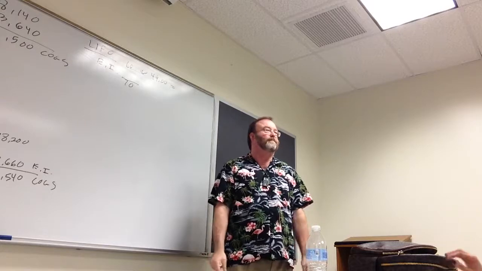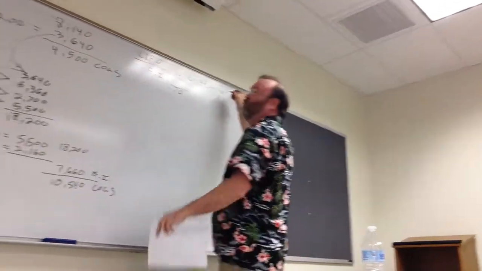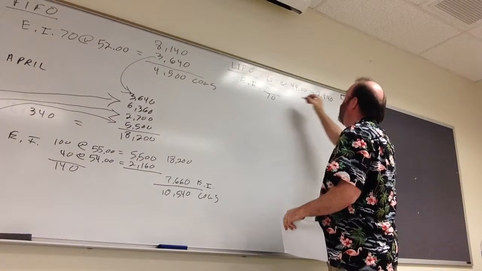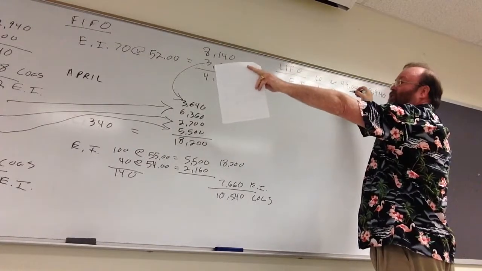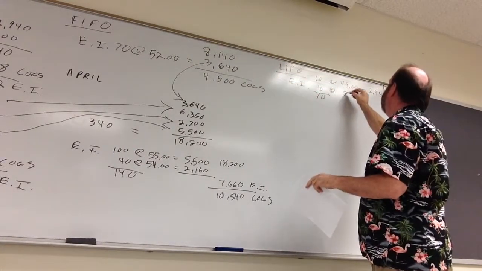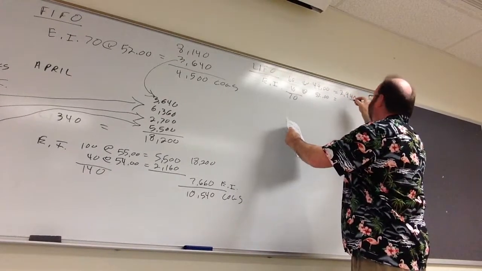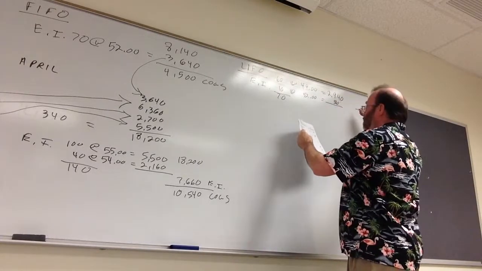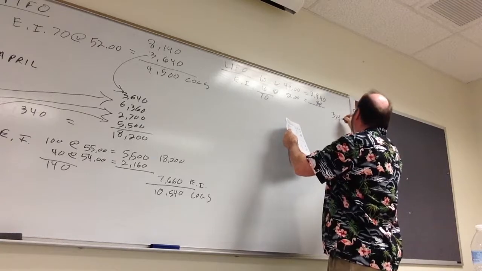They did 10 at $52, right? Yep, and so we've got 60 at 49, that's 2,940. And then we've got 10 left, so that had to have come from the March 10th at 52. And that gives us 520 for a total of 3,460.